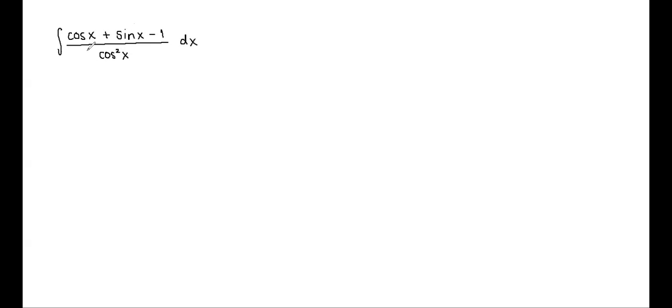Okay, so it's cosine of x plus sine of x minus 1 divided by cosine squared of x. You can write that down and you'll have 2 minutes to think about it. My hint here is to try to simplify as much as you can. Okay, does anybody have an idea of how to start this problem? Maybe what is the first thing that we should do?